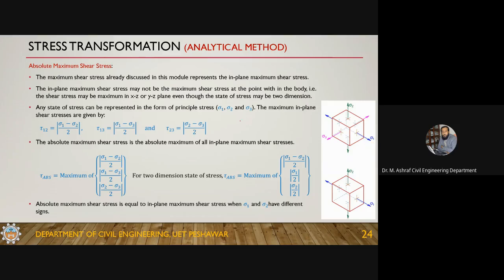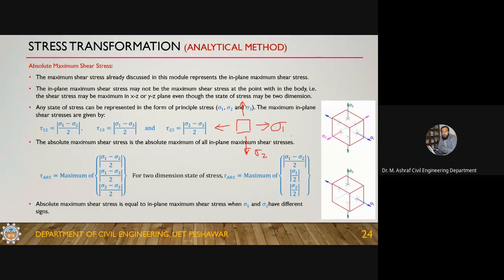Let me show that. This is the 1 direction, where the stress acting is sigma 1. This is the 2 direction, where the stress acting is sigma 2.